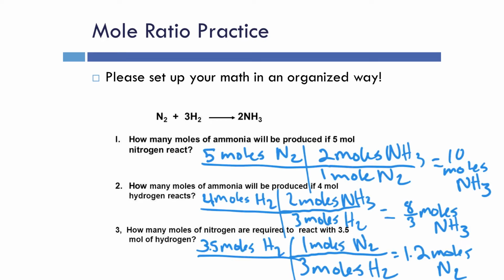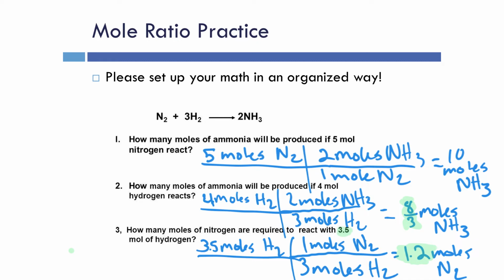So hopefully you got these answers, and I do want to draw your attention to one little thing. In this answer, I did this in a fraction, so that's fine. I just didn't want to bother putting it into my calculator, but here I put it into the calculator, and I put the answer down as 1.2, even though it was really 1.16 repeating. Why did I round it to 1.2?